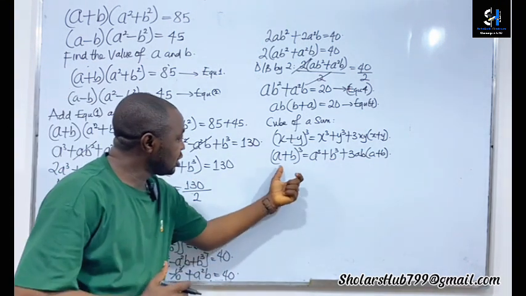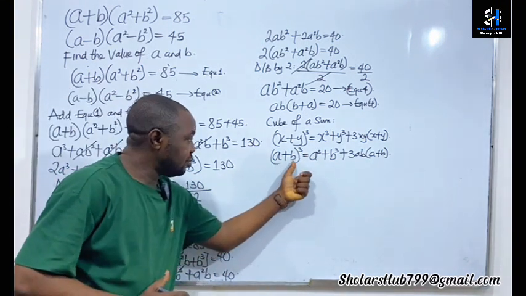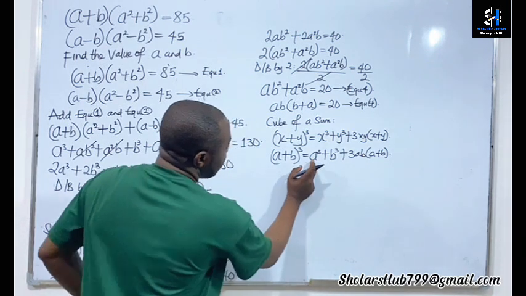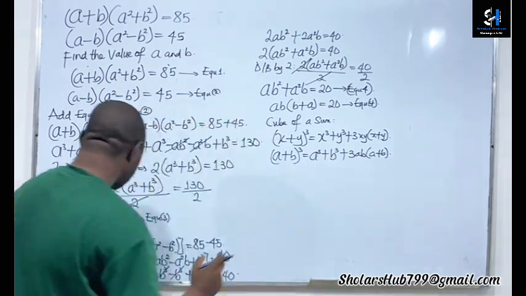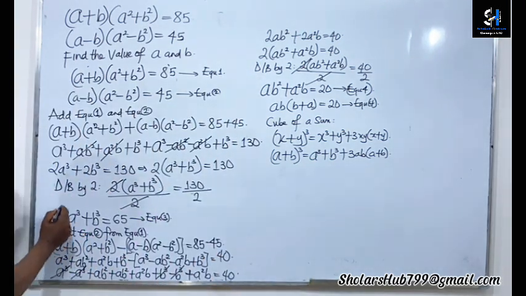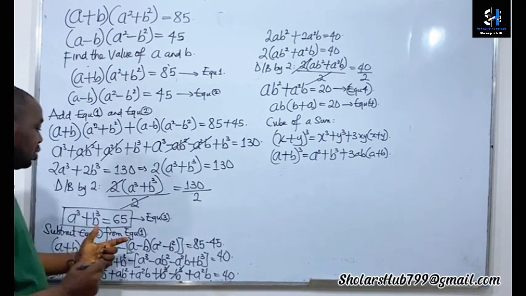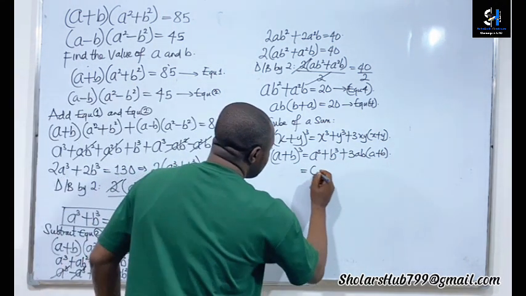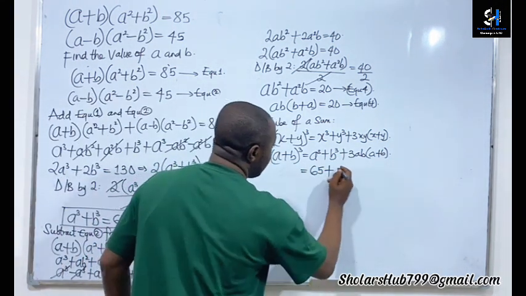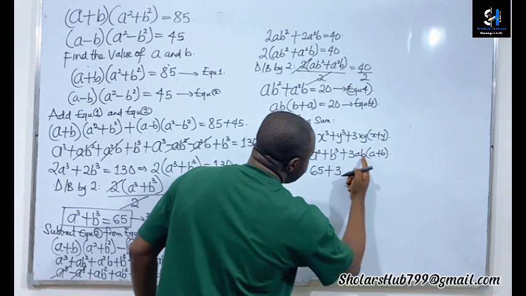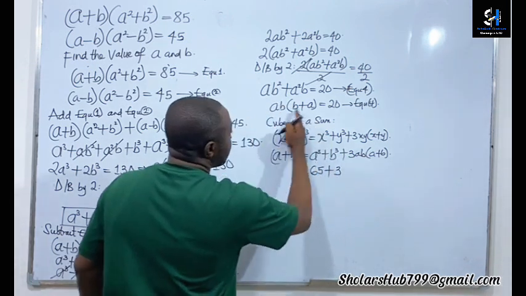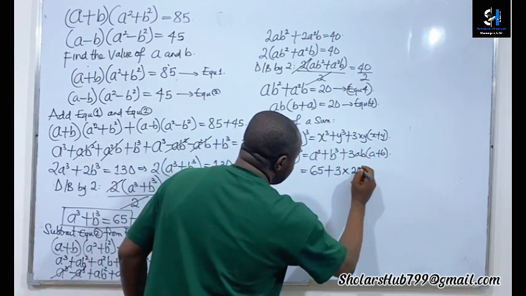Now in this case we have (a + b) cubed. We know that a cubed plus b cubed is our equation 3, which is 65. So this will be 65 plus 3, and ab into (a + b) is 20, so we multiply by 20.